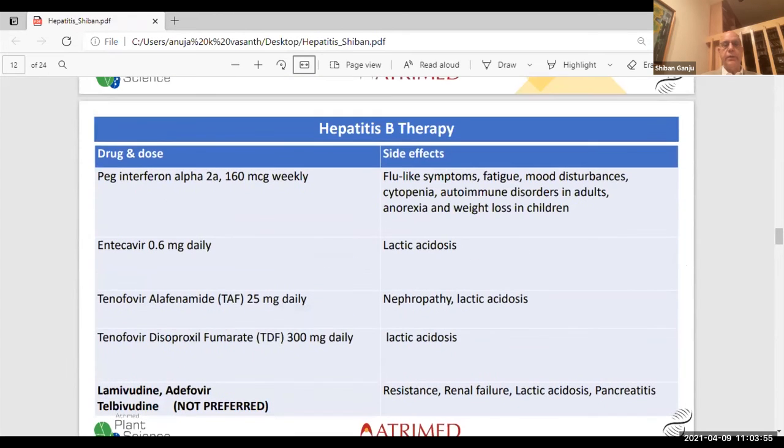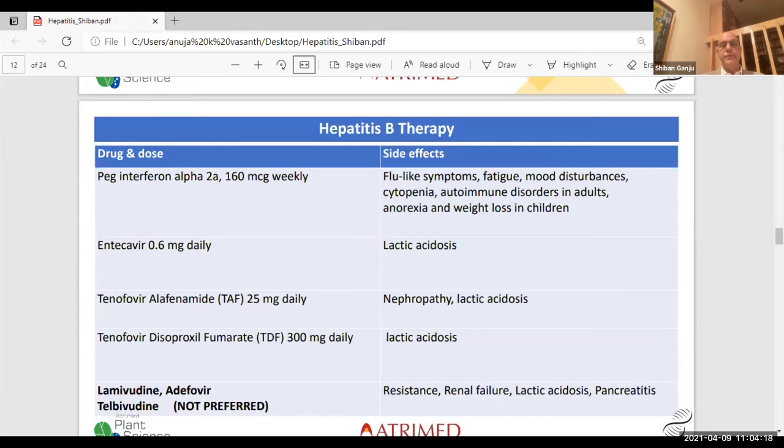And we have this hepatitis B therapy. Multiple drugs have been used over the years. The commonest one we use nowadays is tenofovir, which is fairly good, and it comes in two formats, alafenamide and fumarate.